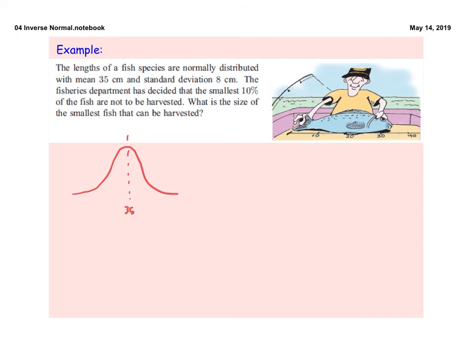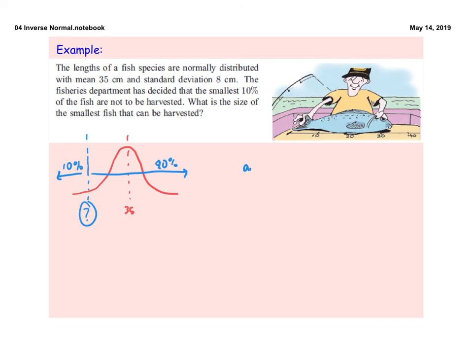And we're concerned with this magic little number here, whatever that value is, that gives us the smallest 10%. The smallest 10% are not to be harvested. Obviously, all of this is 90%. And so we're trying to figure out what that magic number is.